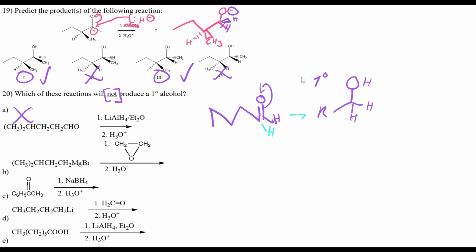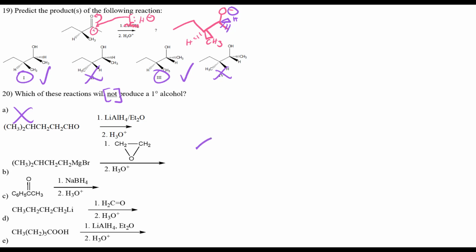Now, for the second one, for B, we have some weird things, but basically it's like this. It's like CH3, carbon, that carbon has a CH3 and hydrogen, and then CH2, and then magnesium bromine, which basically means that we can get rid of that bond and make this carbon negative.